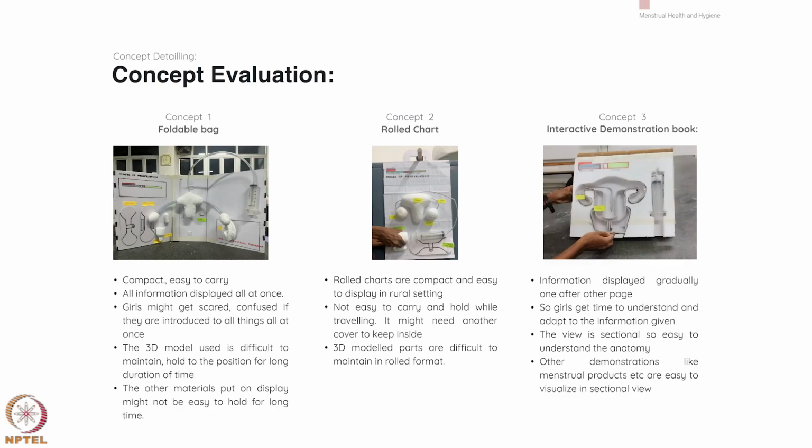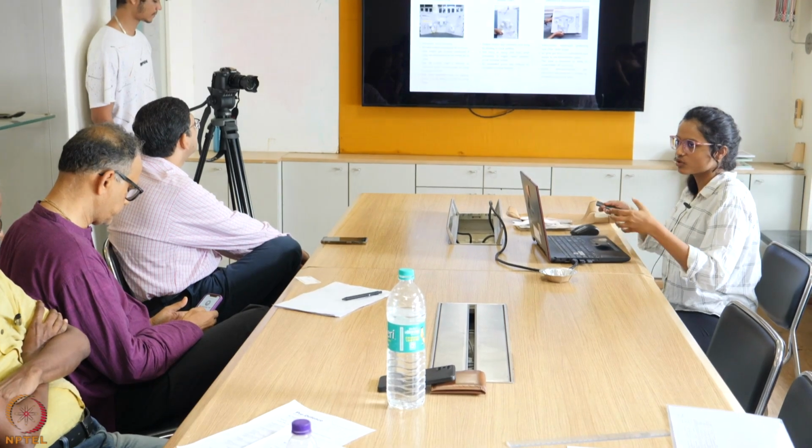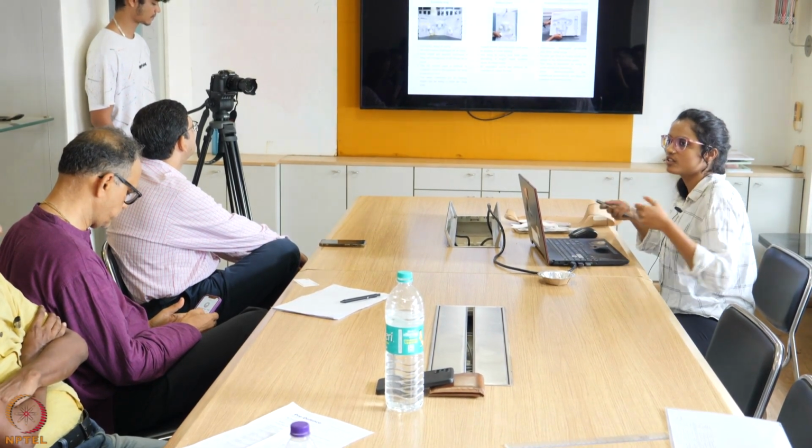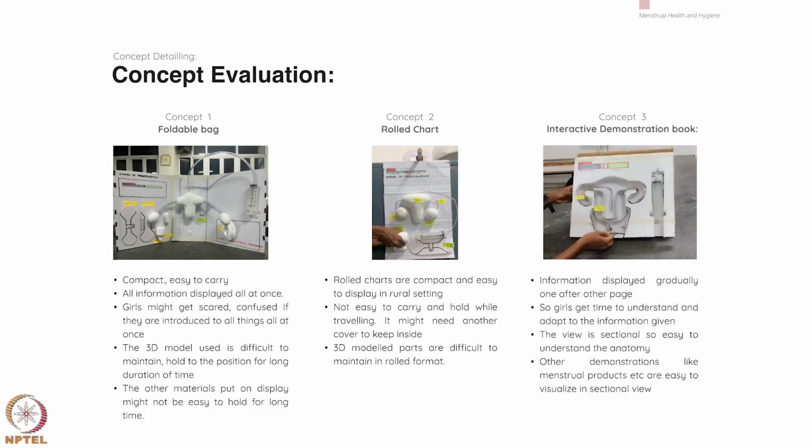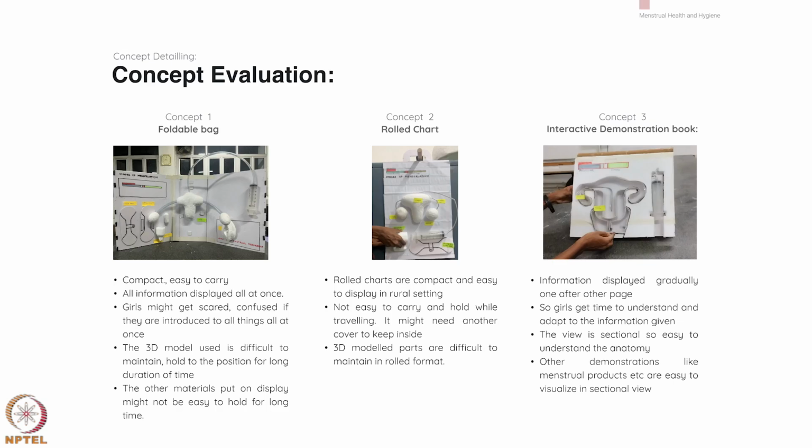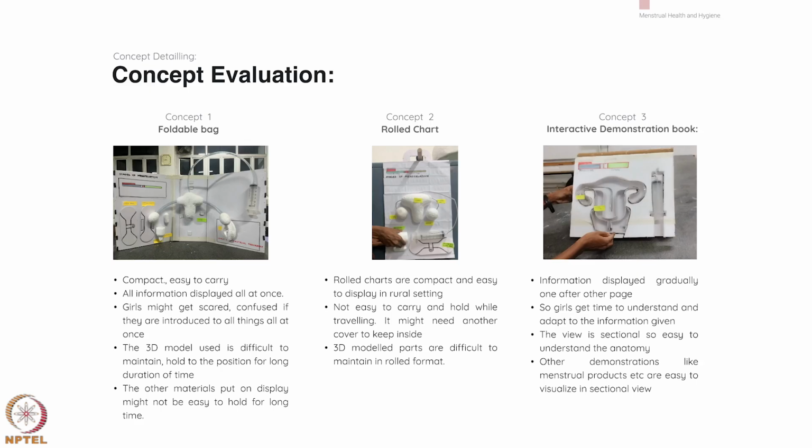And then the roll chart is also the same. It is difficult to carry, it will require one more folder to carry it around places. Plus the roll chart is not something very rigid, so things inside it might get spoiled. So the third one was the interactive demonstration book, where I showed a cross-sectional area of the uterus, and through this demonstration it is easy to visualize the menstruation process.